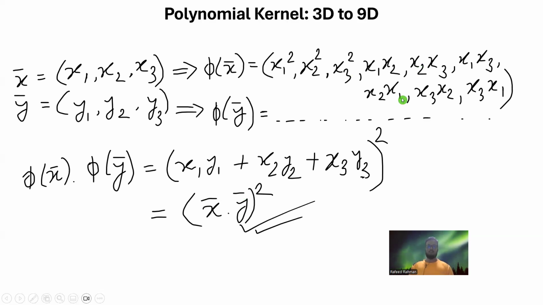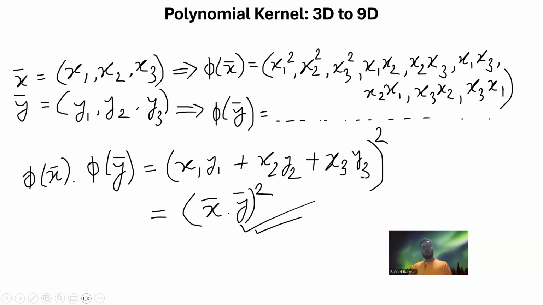So this is the kernel trick. The model doesn't really understand that this transformation didn't actually happen in reality. The model thinks in its mind that the sample is 9D because that is how the dot product looks. Is it clear?